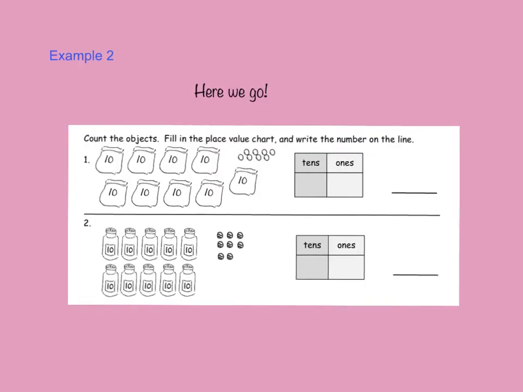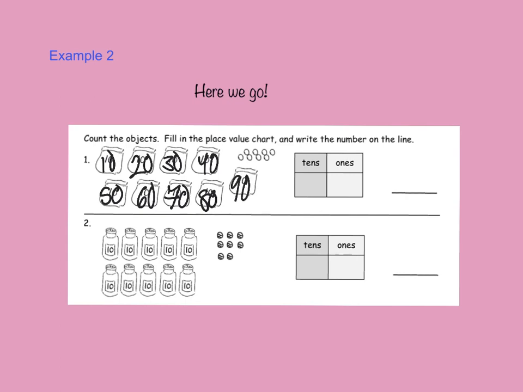This is example 2. Here we go. Count the objects, fill in the place value chart, and write the number on the line. Since all of these bags are represented by 10, we have to count by tens and put it in the tens place. So you start with 10, 20, 30, 40, 50, 60, 70, 80, 90.